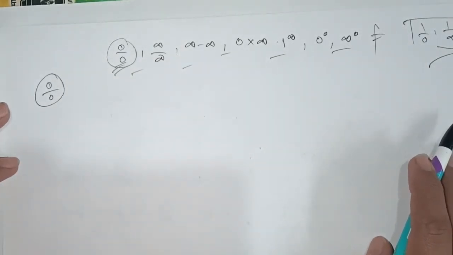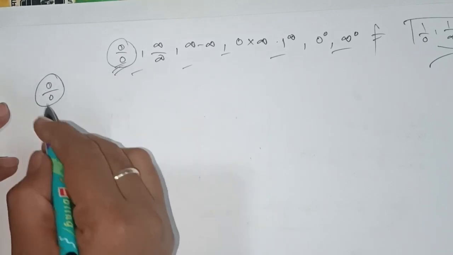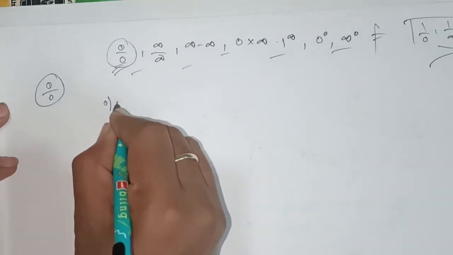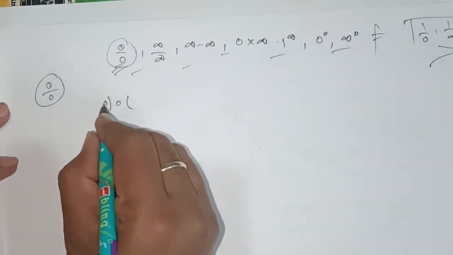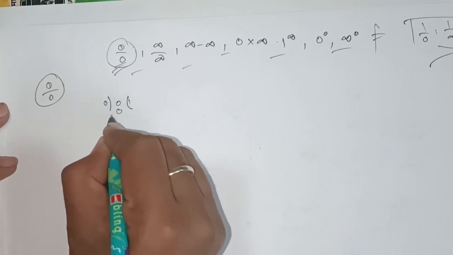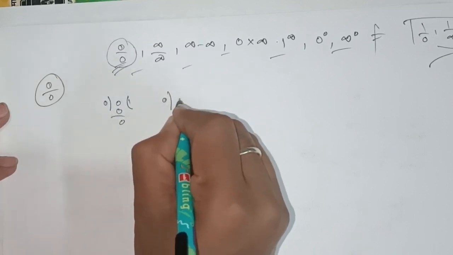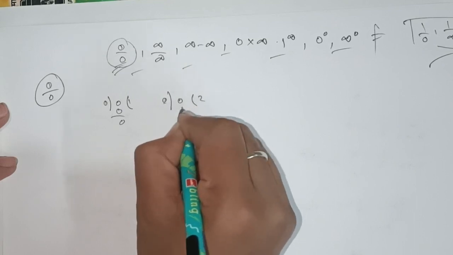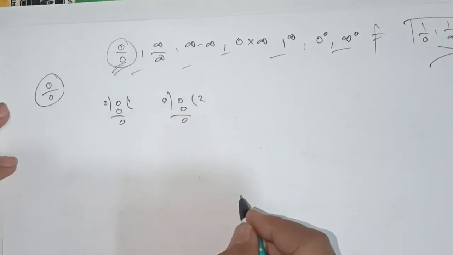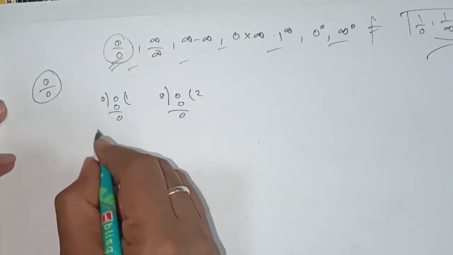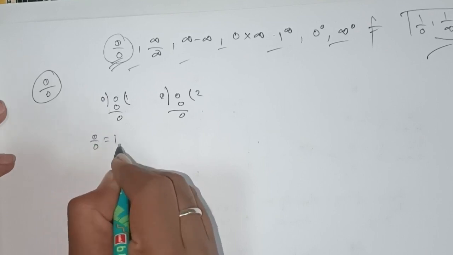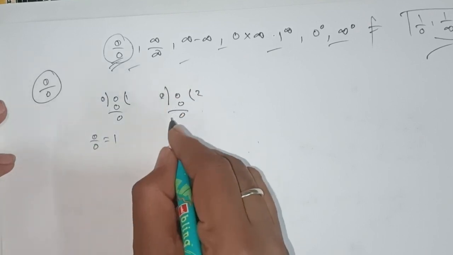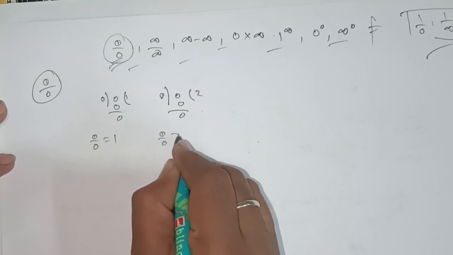So if I take 0 by 0, I can write 0 into 1 equals 0, so I get 0 by 0 equals 1. If I take 0 into 2 equals 0, then I have 0 by 0 equals 2.